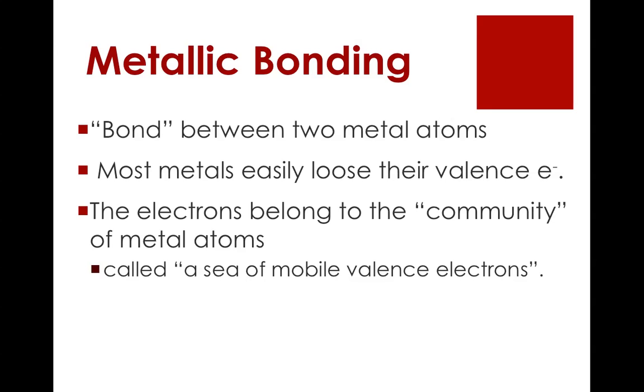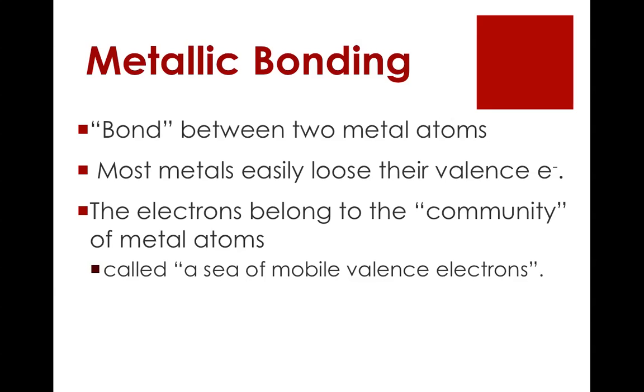So you get a big group of metals, which they call a community, and they share all the electrons together. They call this a sea of mobile valence electrons. You have a bunch of metal atoms, and the electrons belong to everyone.